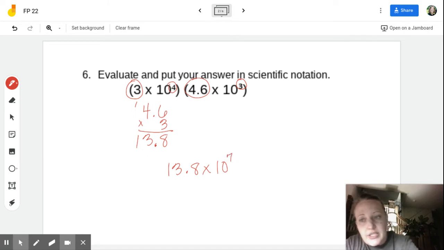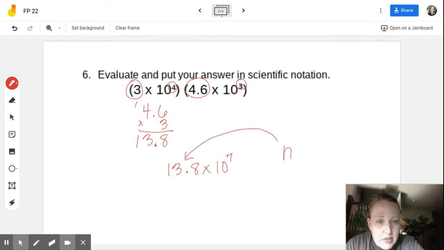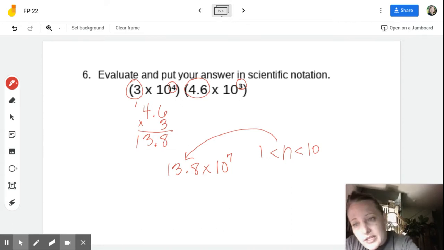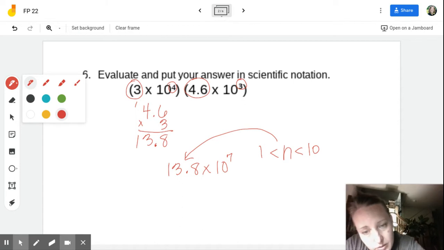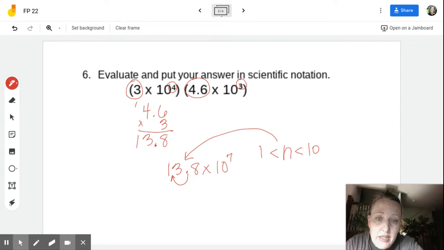But question, is this in scientific notation? Remember, this first number has to be between 1 and 10. Right now it's bigger than 10. So we're going to have to move that decimal to the left, making it less.